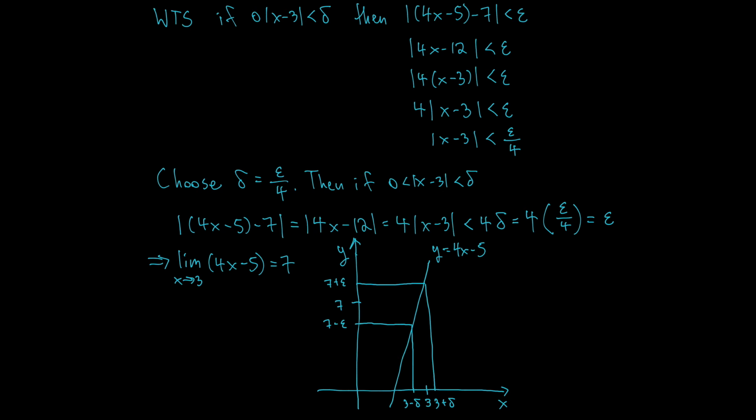If the limit didn't exist, it could look something like this, where instead of just going up all the way, maybe I stop over here and then I jump up. Intuitively, it makes sense that this limit does not exist, because I approach this value from the left and I approach this value from the right, and they don't match. Let's say I was to guess that this value is the limit.